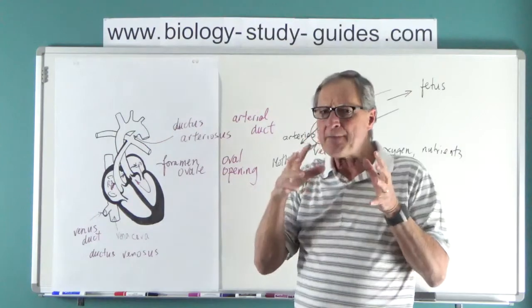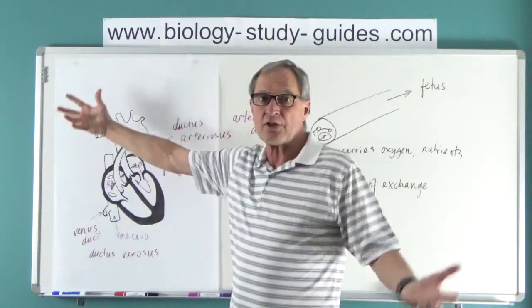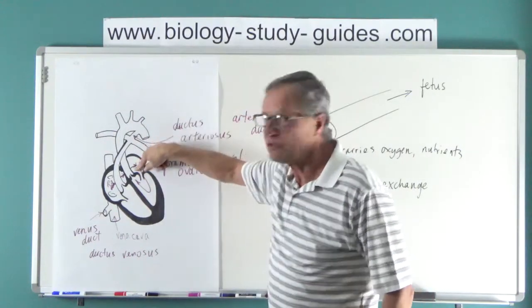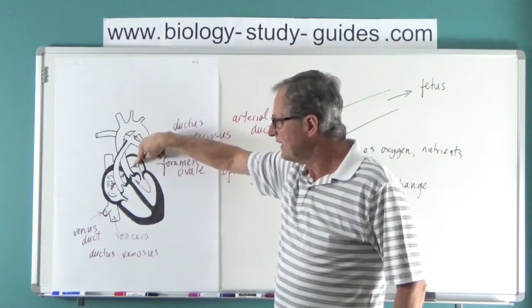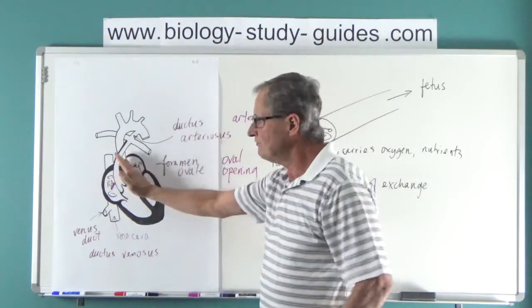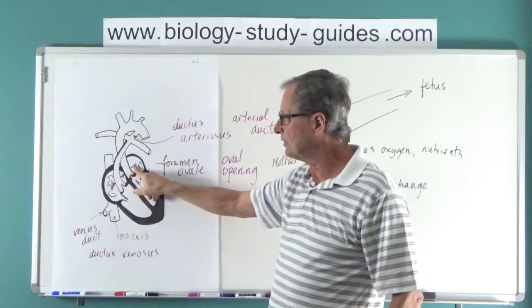The other thing that happens as soon as the baby takes its first breath is that blood comes around and goes into the lungs and comes out of the lungs for the very first time, into the left atrium. There was no blood arriving there before. Now the blood comes into the left atrium, and the pressure in here snaps that valve shut. So blood can no longer go from the right atrium to the left atrium.